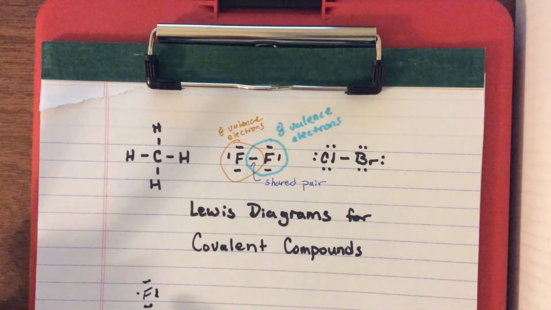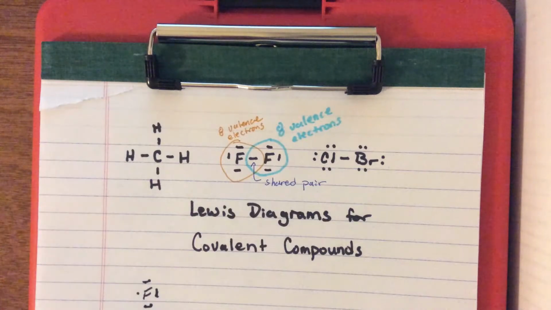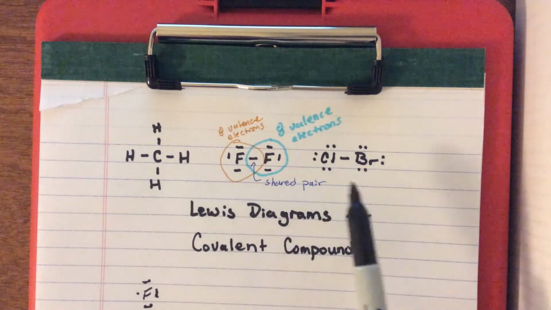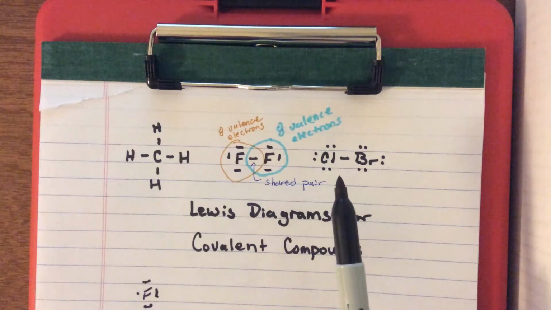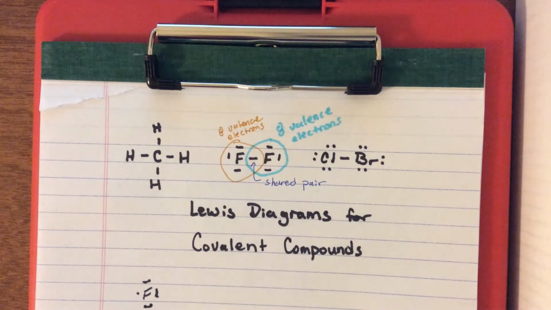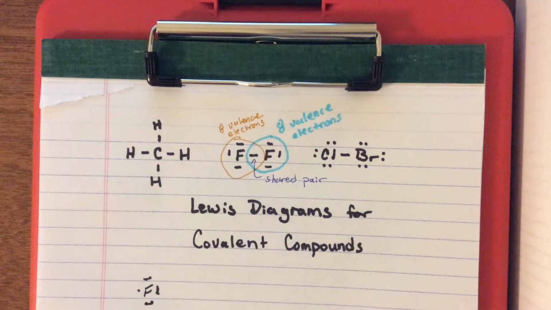And then they have 1 unpaired valence electron that they could choose to contribute to the shared pair. Now, each of the atoms in these drawings so far are connected by a single shared pair of valence electrons. And so they are called single bonds because there's 1 pair of electrons that's being shared.